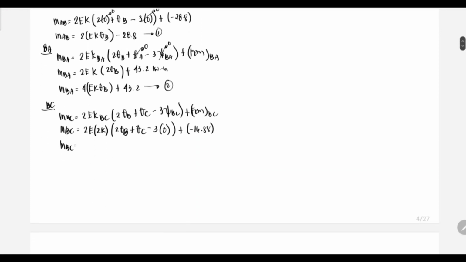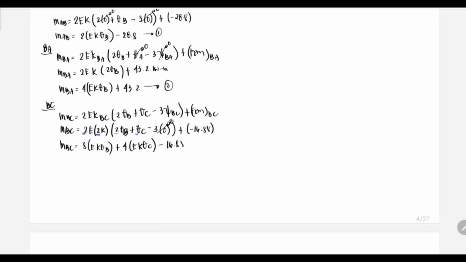So we have here, moment BC is equivalent to, okay, 2 times 2 times 2 is 8. So ilagay natin, we have 8EK theta B. Next, we have 2 multiplied by 2 multiplied by 1. So, ang sagot lang natin dyan is plus 4EK theta C. Okay, this will be 0, kaya okay na yan.